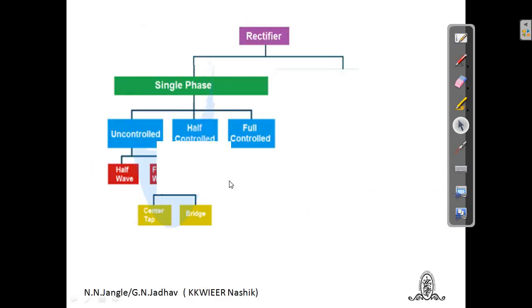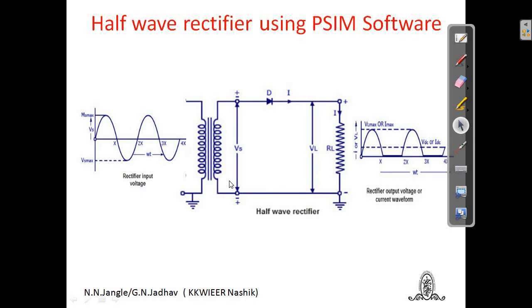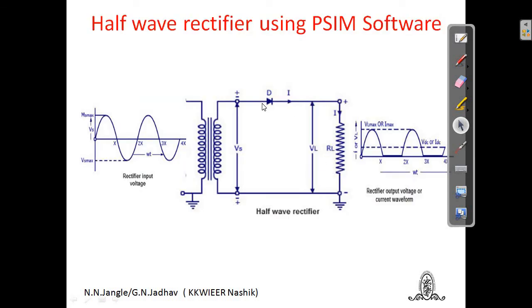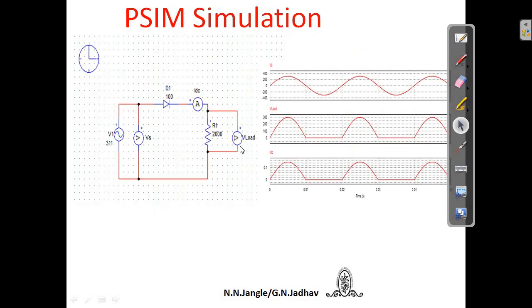Then we have seen the types of rectifier, single phase, 3-phase, half wave and full wave rectifier, and then the operation of the half wave rectifier, and we have simulated this rectifier circuit in PCM software. I hope you understand how to simulate a half wave rectifier in PCM software. Thank you.